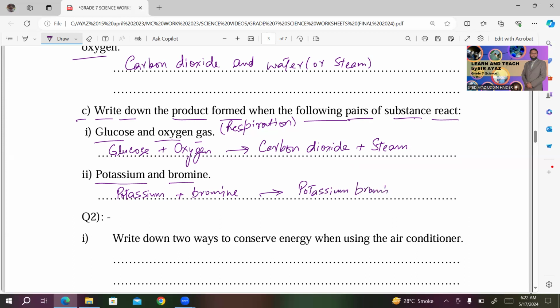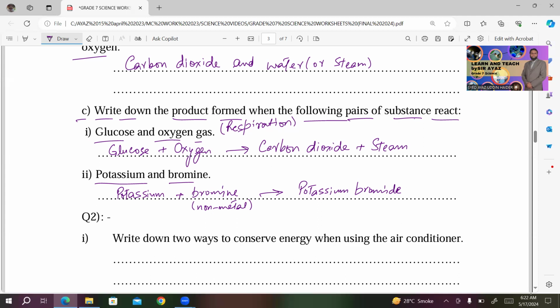Whenever you are writing the name of the salt, remember you have to write the name of the metal first. In this case, it's potassium. So I'm starting with potassium. For the other substance, which is a non-metal, bromine, what you will do in the end, you will end the name in ide.